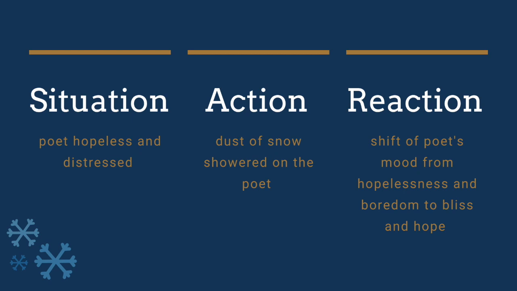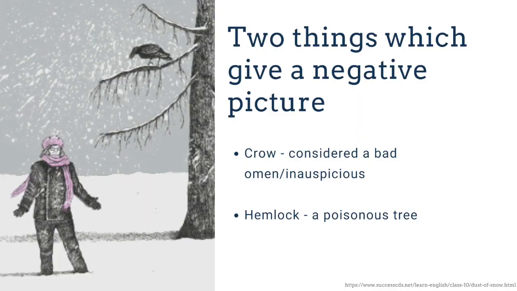Now look here very carefully. The negative symbols. Crow, inauspicious, considered a bad omen, not very attractive, not liked by many. Hemlock tree, a poisonous tree. Both of these are negative symbols.